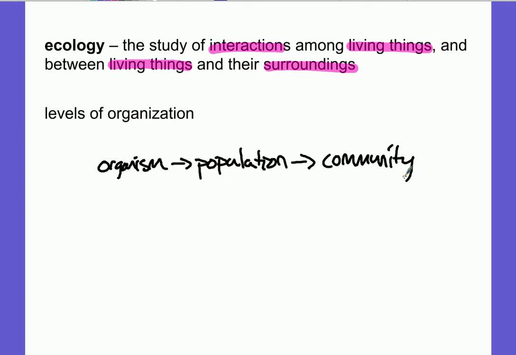So the difference between population and community is actually kind of important. Remember, in a population, you just have one species. In a community, you have multiple species that are interacting together. But then your next step up from community is going to be an ecosystem.